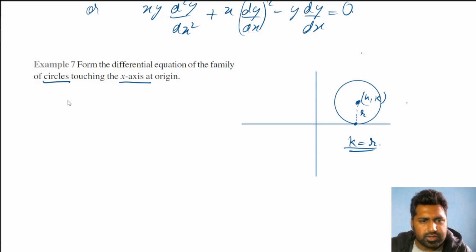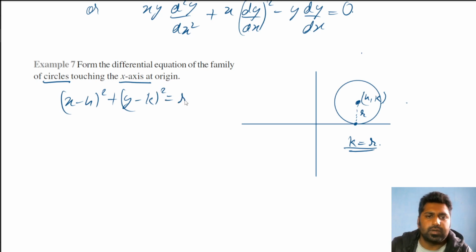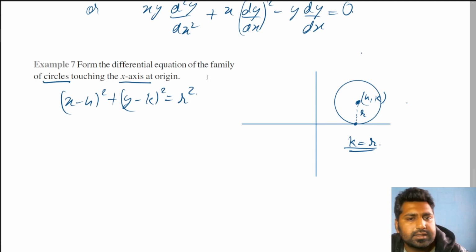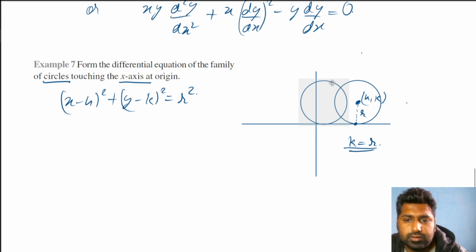So what is the general equation of circle? (x minus h) whole square plus (y minus k) whole square is equal to r square. This is the general equation of circle, and the condition for it to be touching the x-axis. He's saying touching x-axis at origin also. So I have to shift the circle.